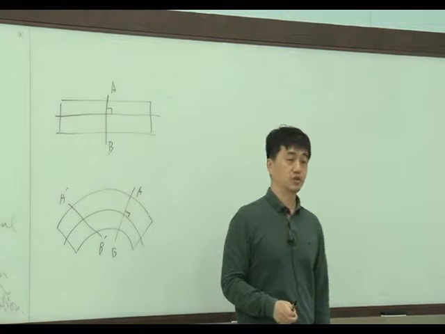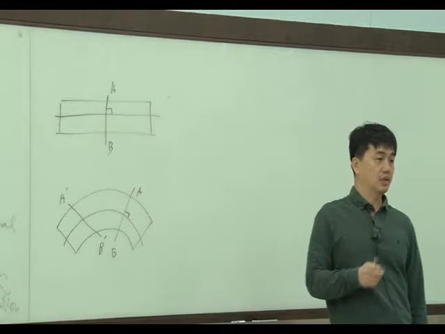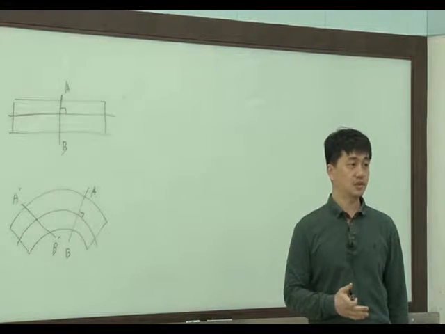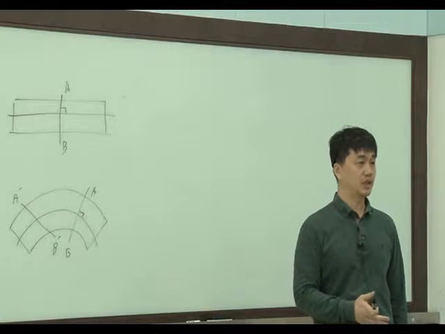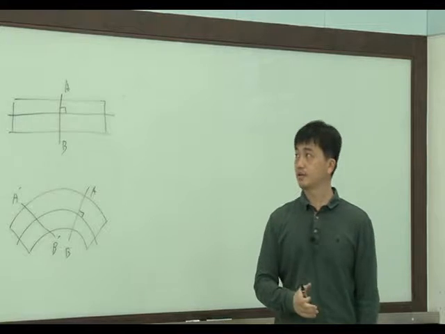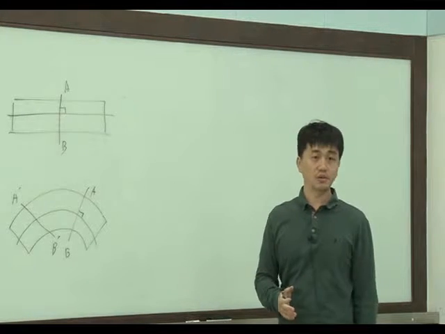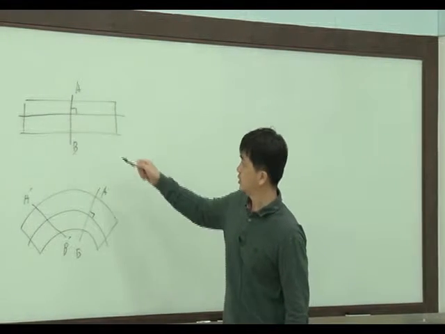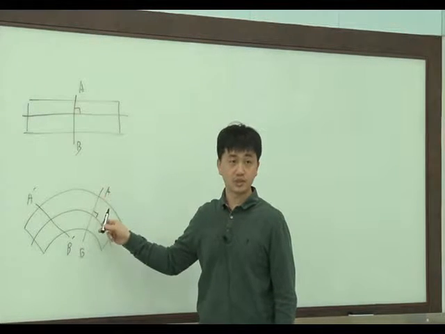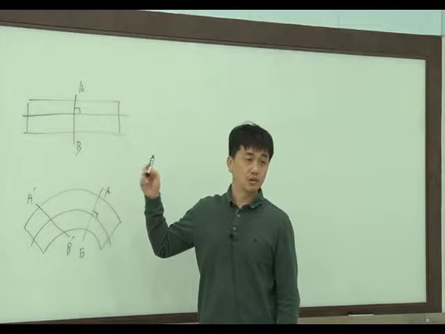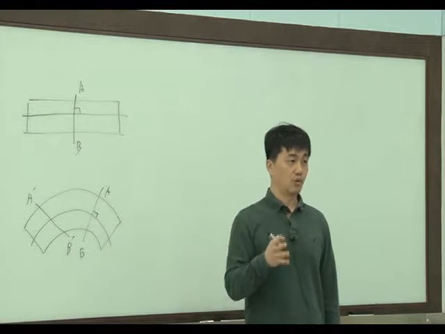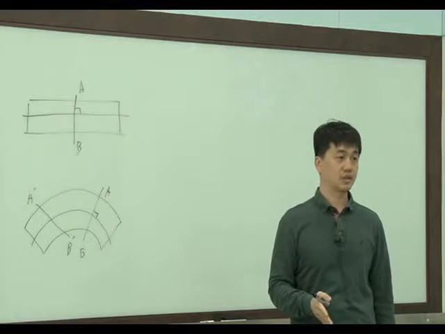The original assumption gave us a deformed surface that doesn't need to be normal to the midline. But Euler-Bernoulli beam theory has this assumption during the deformation. So in the deformed situation, the cross-section should always be normal to the midline.